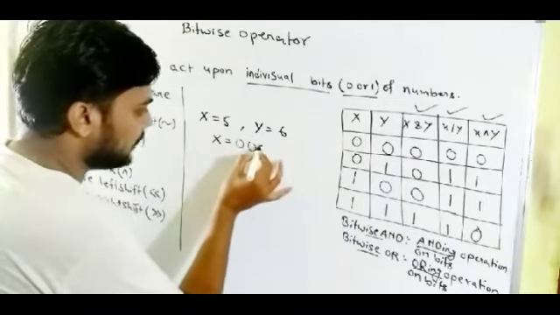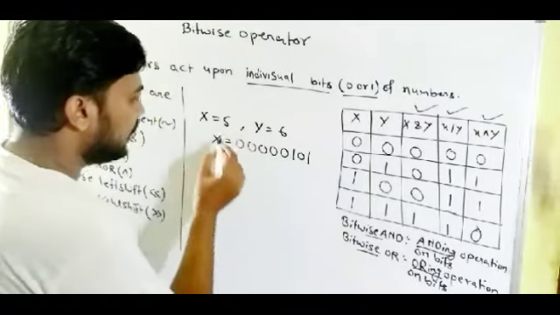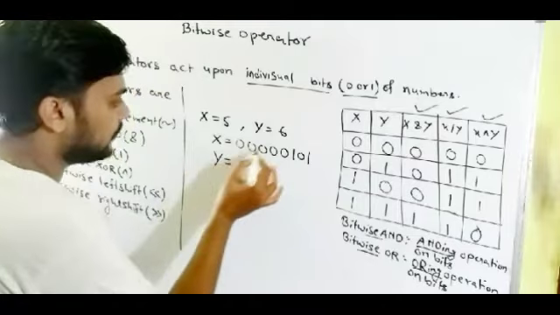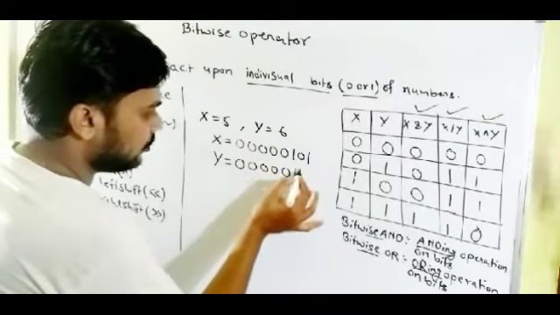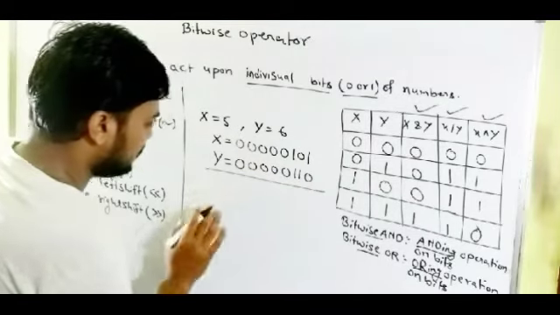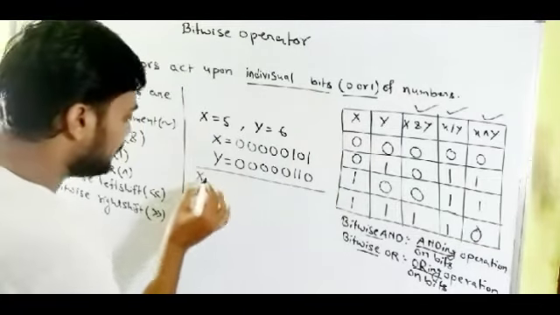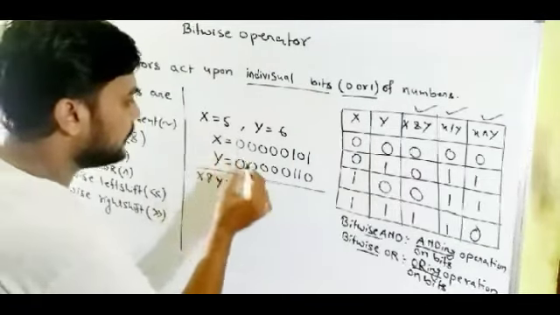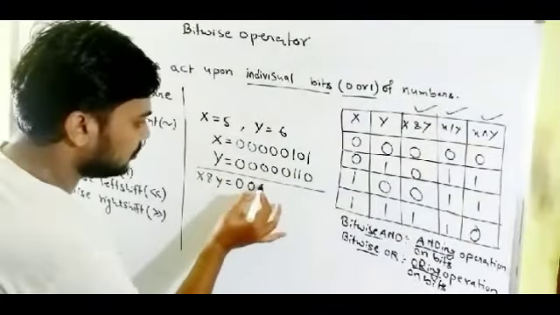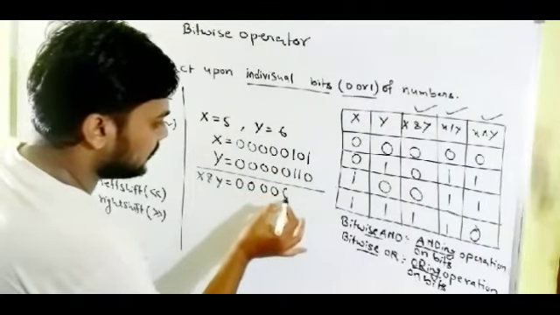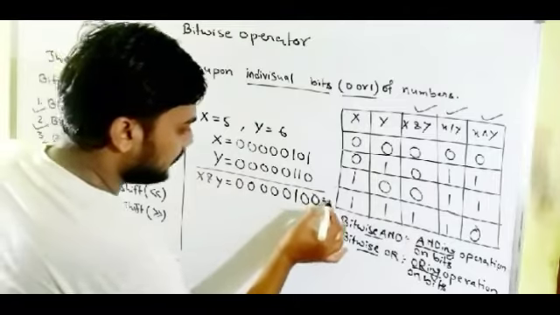Generally we take 8 bits, so x is 00000101, and y, that means 6, is 00000110. Then we calculate x bitwise AND y. If we apply that, the result is 00000100, which means its output is 4.